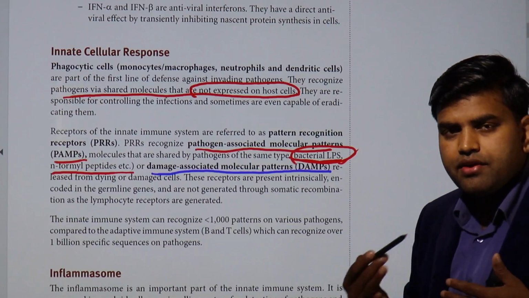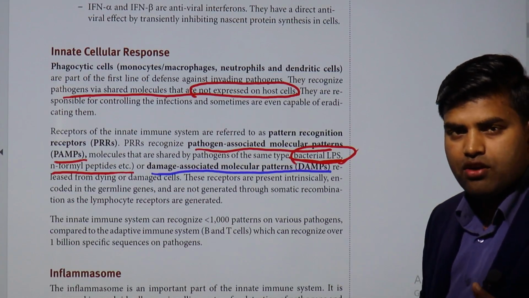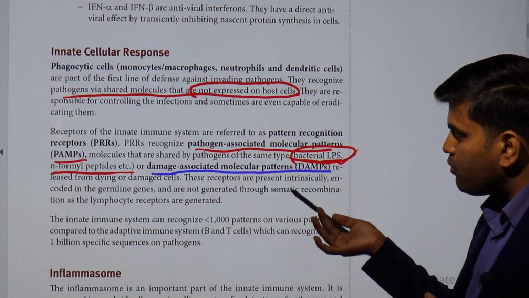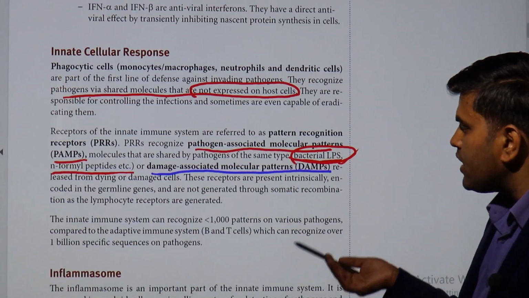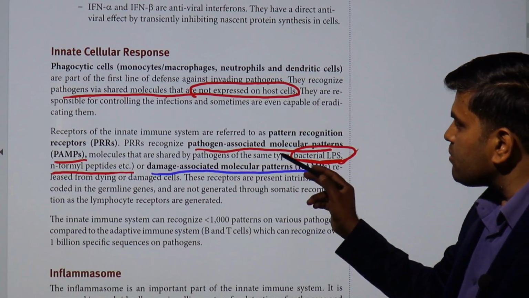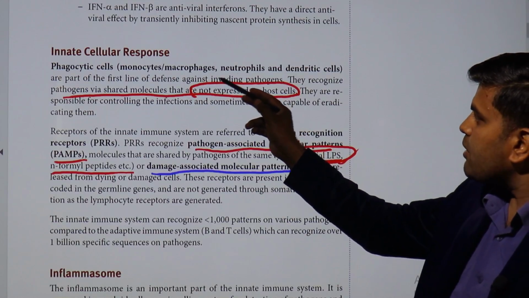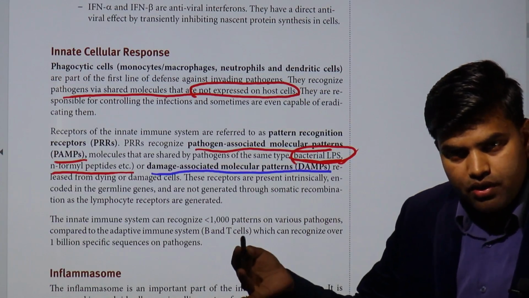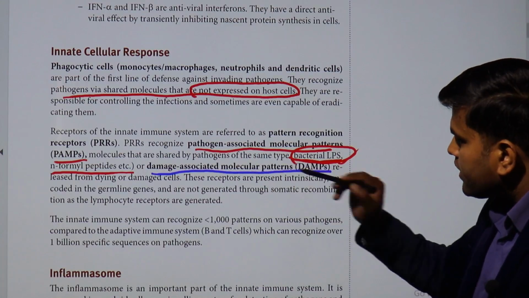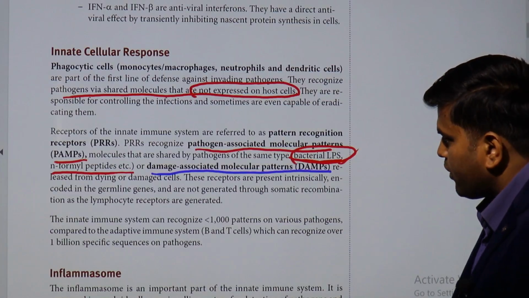But when cells are dying or diseased, they are expressed, and the innate cellular response, the macrophage, neutrophil and dendritic cell, recognizes them and kills. So they can kill the outer organism, and they can also clear the damaged or dying cells from our body.